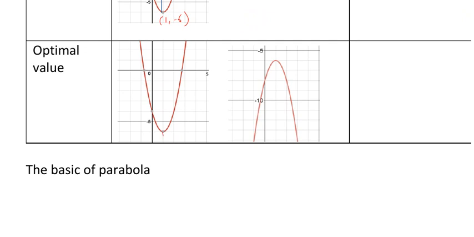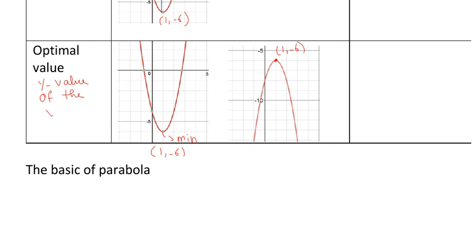What did we say the vertex here was? 1, -6. Okay. So your optimal value in this case is a minimum at y equals -6. The optimal value here is a max or min? Max at y equals, also in this case, it's -6. It happens to be the same, okay? So remember that the optimal value is the y value of the vertex.